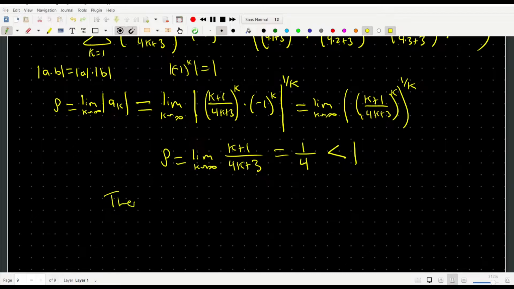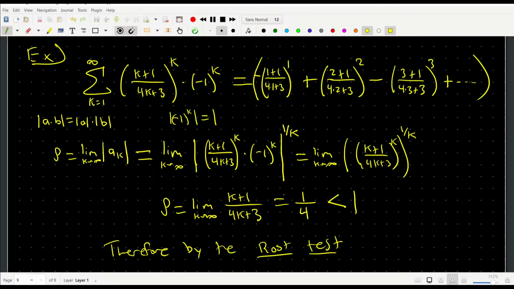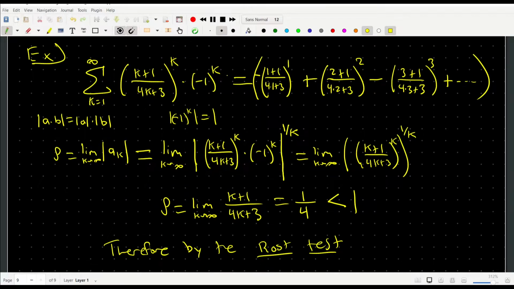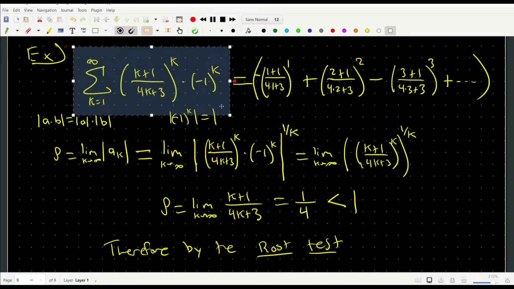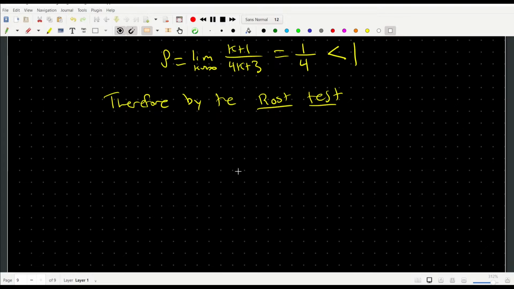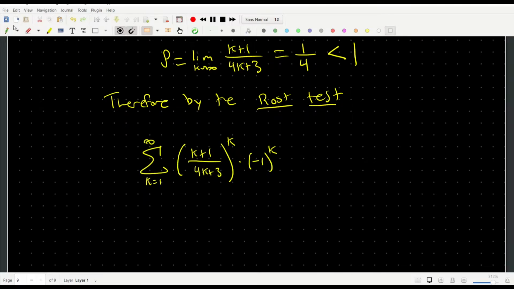And so we can say, therefore, by the root test, the infinite series that we started with will be absolutely convergent.